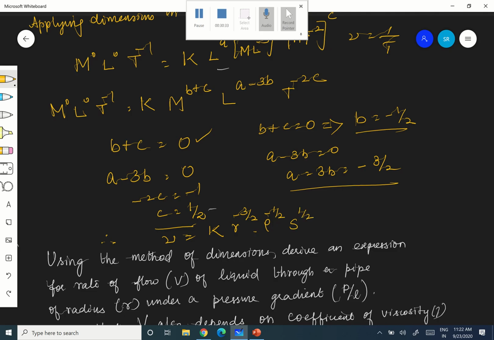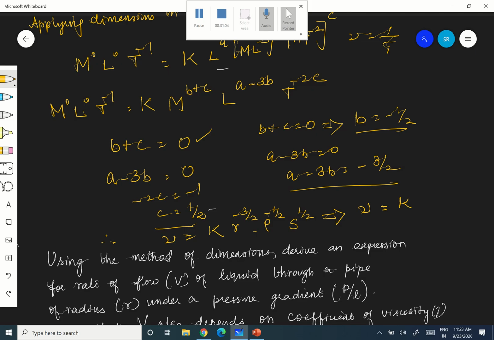Hope you are following, children. Once you have solved for ABC and substitute in equation number 1, you will be getting your frequency nu is equal to k, everything half, half, half. Here r power minus 3 into half, rho power minus half, s power half.